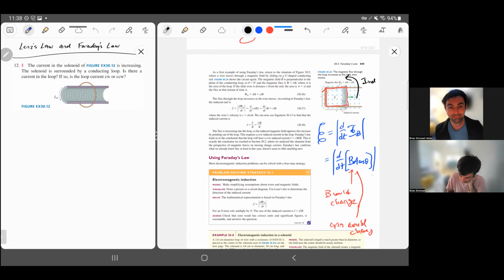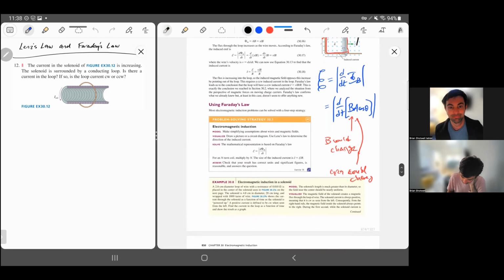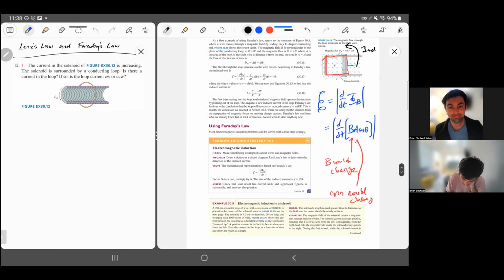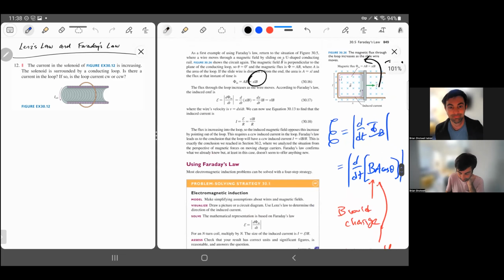So Faraday's law will help us calculate that. If the area is changing, we quantify the area of the loop. The length L is constant, but the distance x, which is the width of this loop, is going to be changing over time. The strength of the magnetic field is constant. So it's the x that's changing over time.